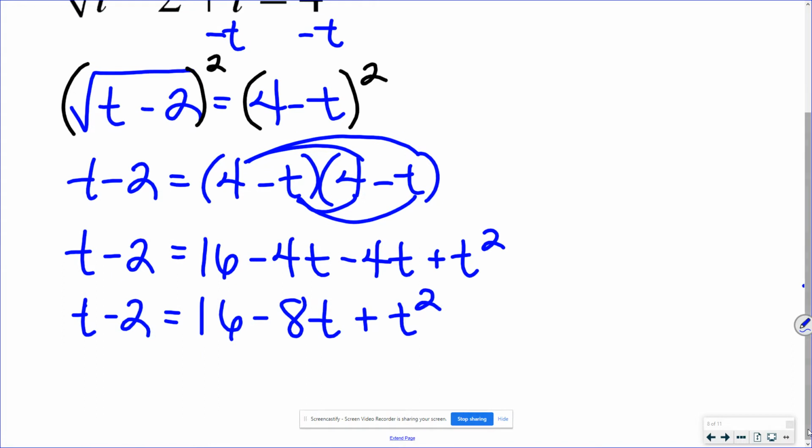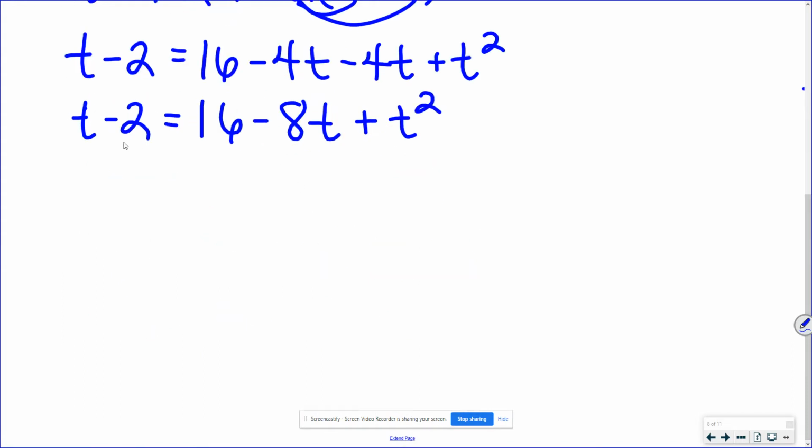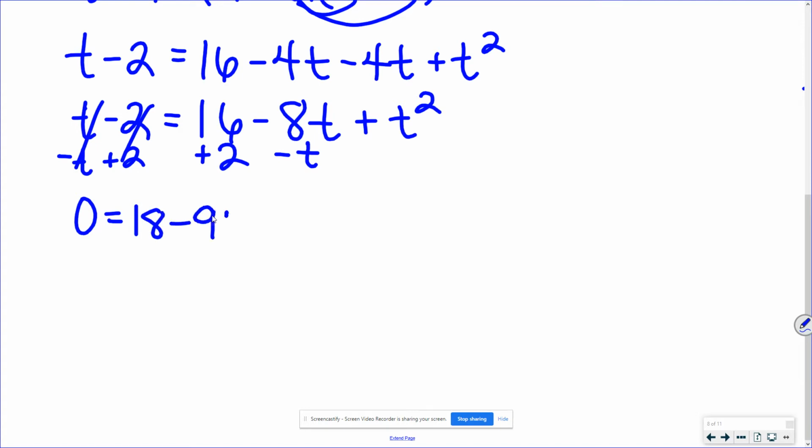Okay, now I have the same situation as the last example on the part 1 video where I have t squared and t. So my job to solve will be to put everything on one side and combine like terms, and then factor from there. So I have 18 minus 9t plus t squared.